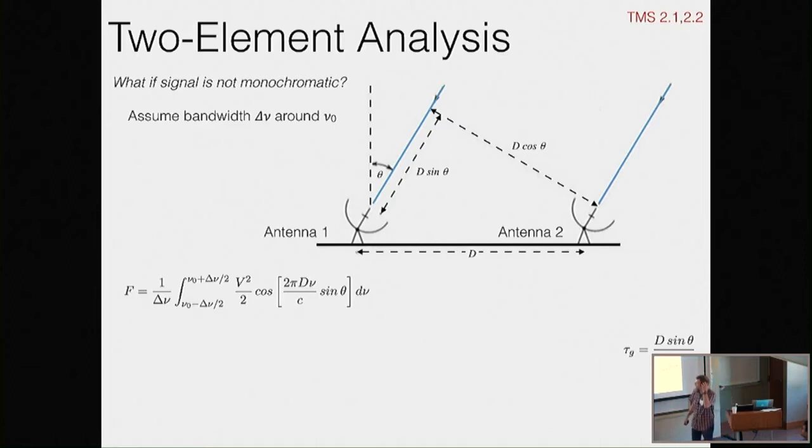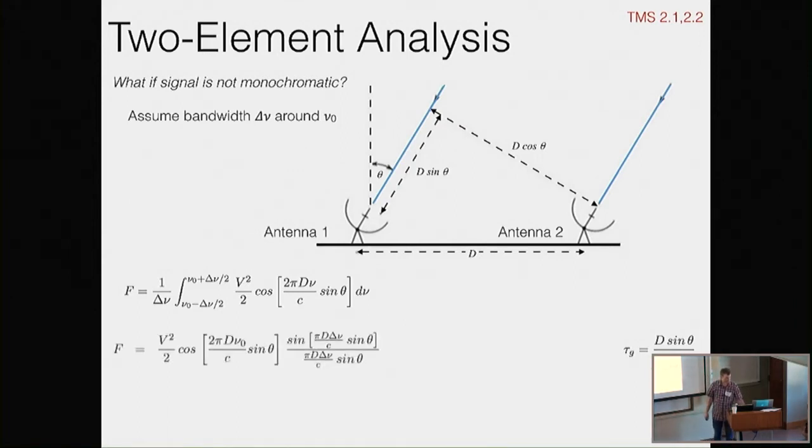Well, we can take the same fringe equation we had before, but now integrate it over a range of frequencies, a width of delta nu centered on some frequency nu 0. And if we do that, it's just the integral of this simple equation here. You can do the math yourself, but what you end up with is this cosine.